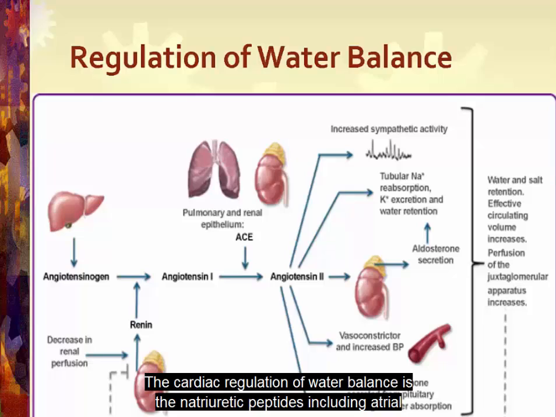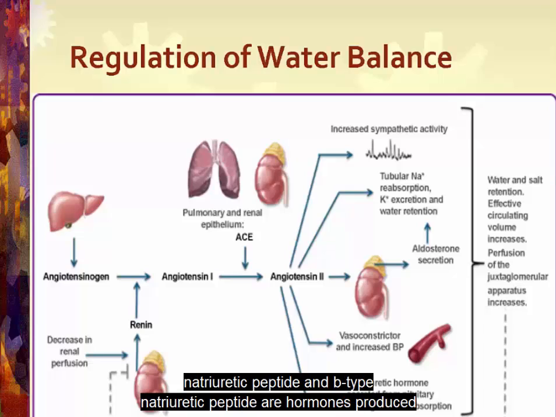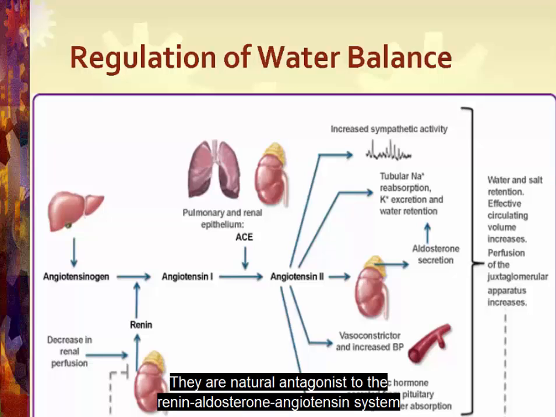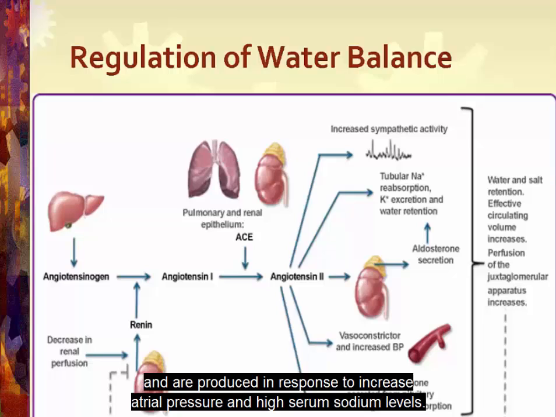The cardiac regulation of water balance: the natriuretic peptides, including atrial natriuretic peptide and B-type natriuretic peptide, are hormones produced by the cardiomyocytes. They are natural antagonists to the renin-angiotensin-aldosterone system and are produced in response to increased atrial pressure and high serum sodium levels.